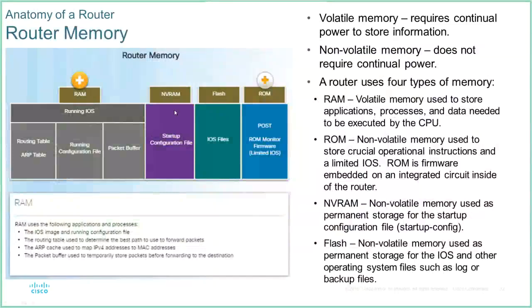We have NVRAM, where our startup configuration file is saved. This is the file that the device loads when it powers on. We have flash, which is the equivalent to our hard drives on these devices. We use a flash card, which has our operating system stored on it.